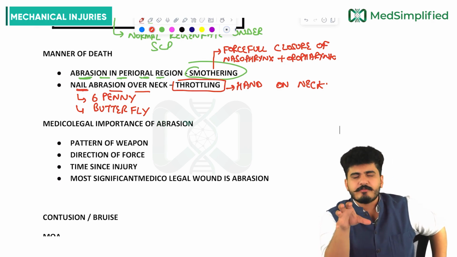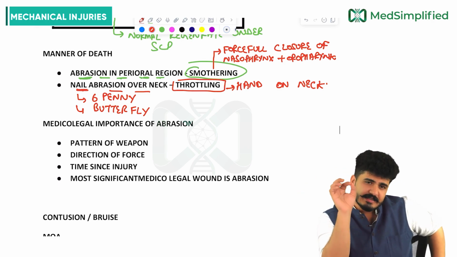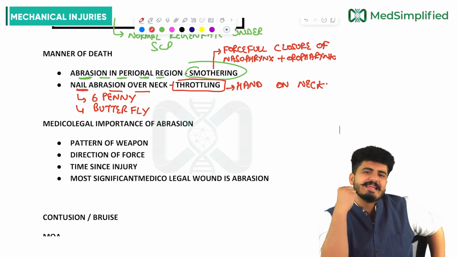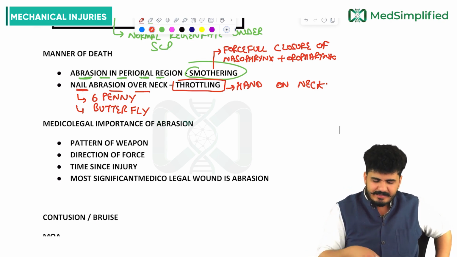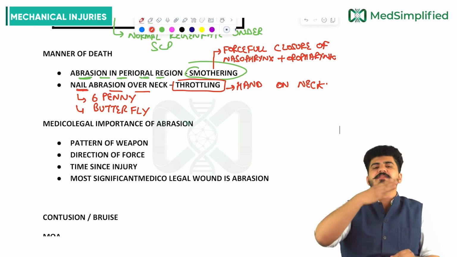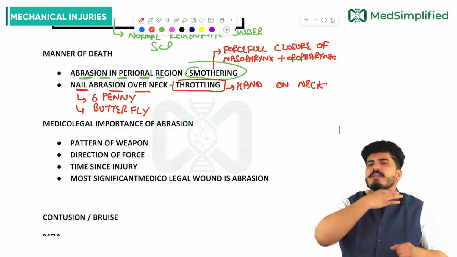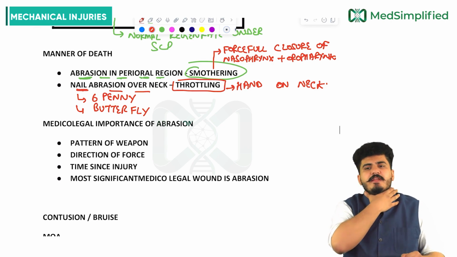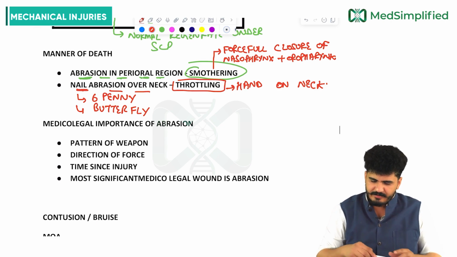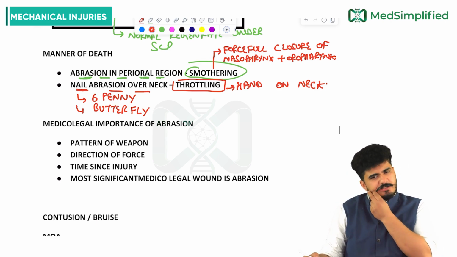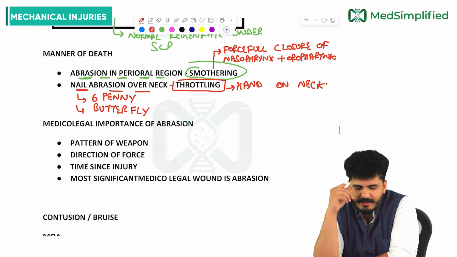There will be bruise formation also, plus there will be a scab because of the grazed abrasion. Butterfly is with this part, or any object you are using and you are compressing onto the neck. This will lead towards a butterfly. So nail abrasion will tell you the manner of the death, my dear friends.